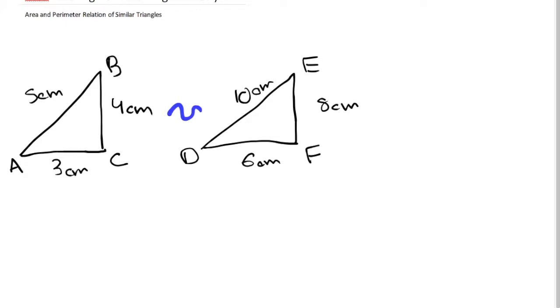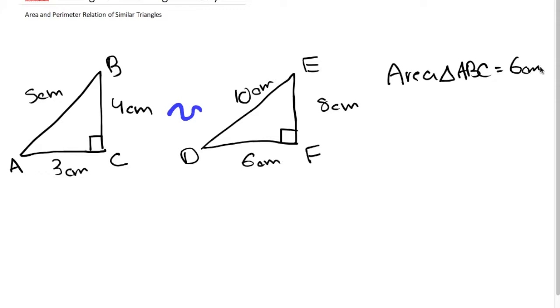Now, what is the relationship between the area of both of these triangles? Well, first of all, let's look at the area of ABC. The area of triangle ABC is simply 3 times 4, which is 12, divided by 2, which is 6 centimeters squared.